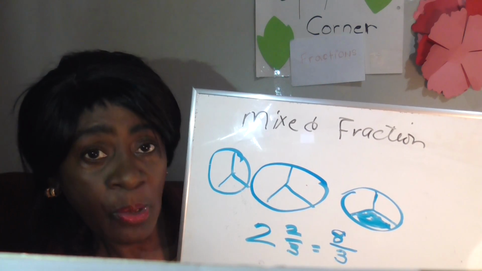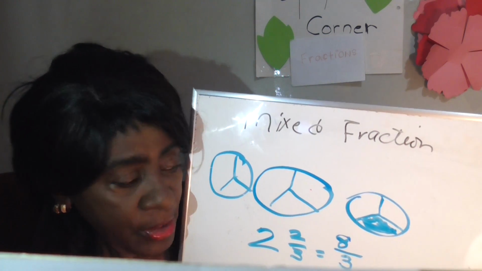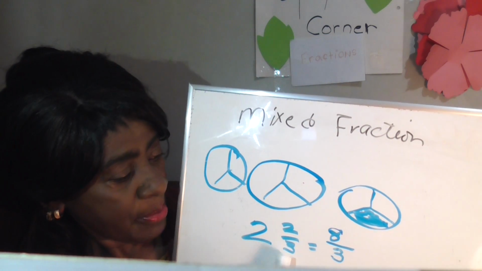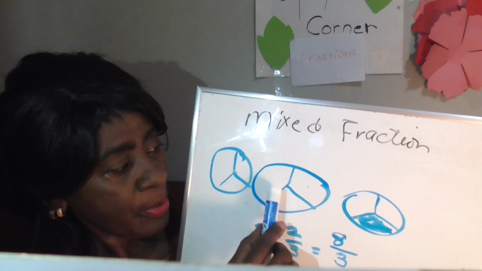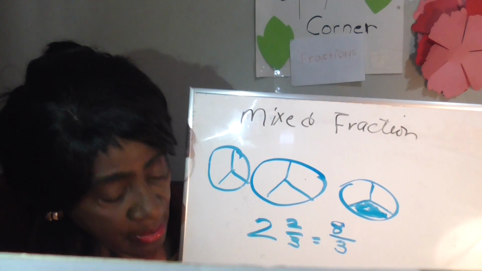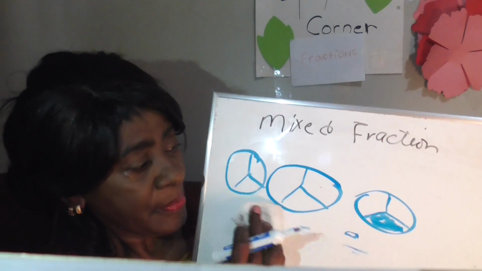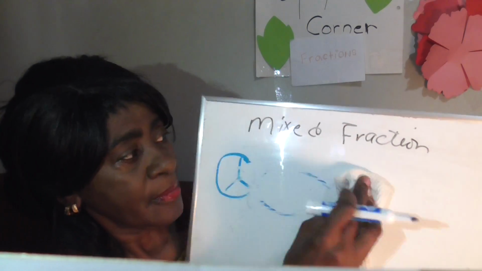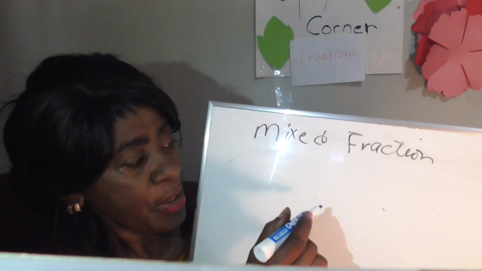If you were told that you wanted the answer in an improper fraction, you will convert it this way. 2 times 3 is 6, plus 2 is 8. 1, 2, 3, 4, 5, 6, 7, 8 were not taken. So that's mixed fractions.